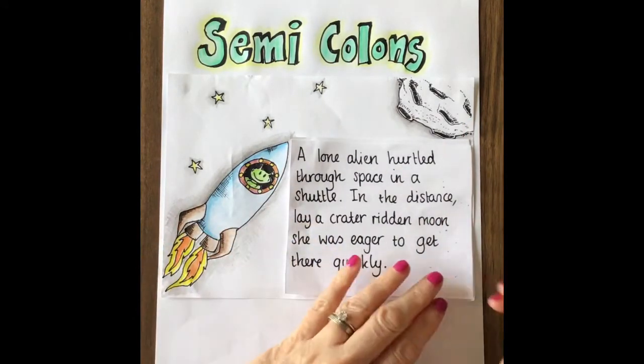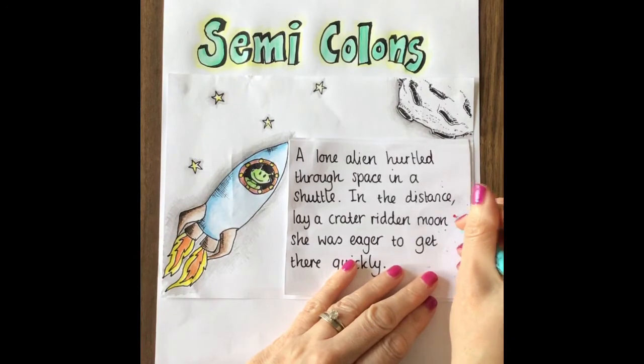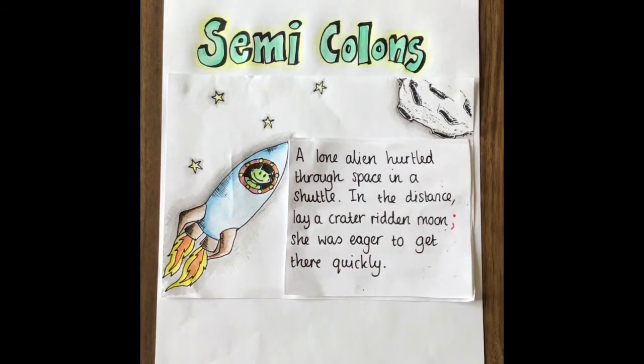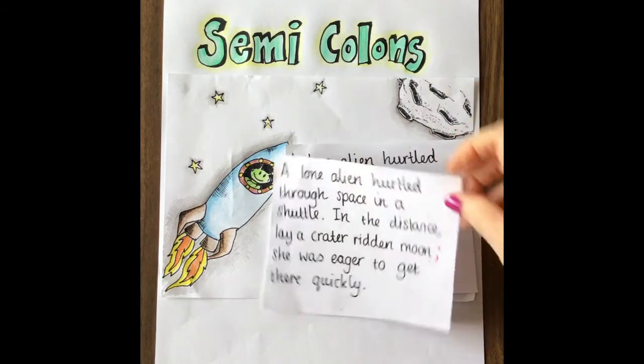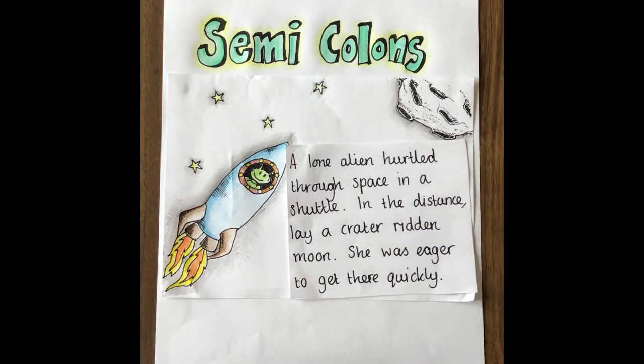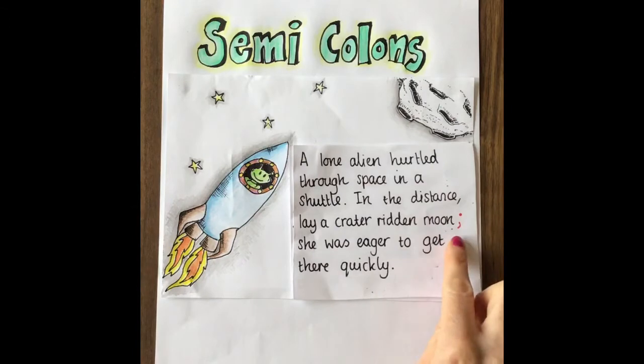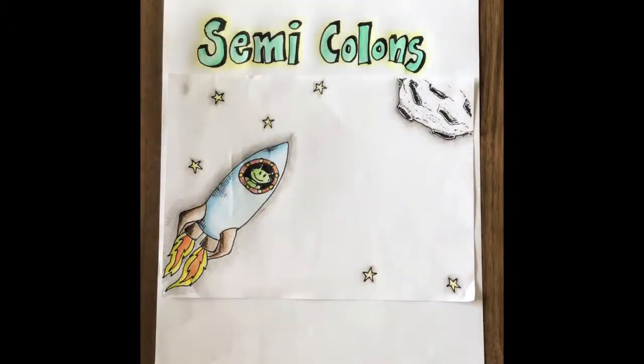So we can put a semicolon after the moon here. In the distance lay a crater-ridden moon; she was eager to get there quickly. Two separate sentences that are closely linked, they're about the same theme, joined together with a semicolon. Let's move on.